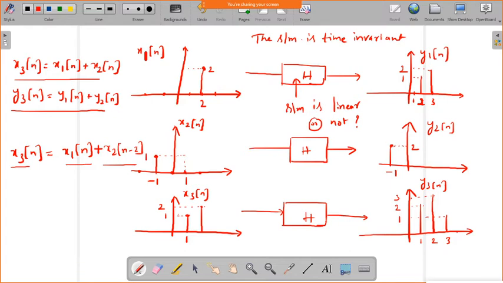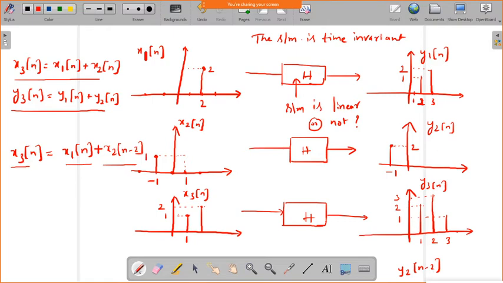Even if you shift the signal at a particular value, that is y2 of n, if you take it at exactly one value, that is the index value 1, what will happen? So you can shift this here. If you take y2 of n minus 2, that shifted version will give this signal.